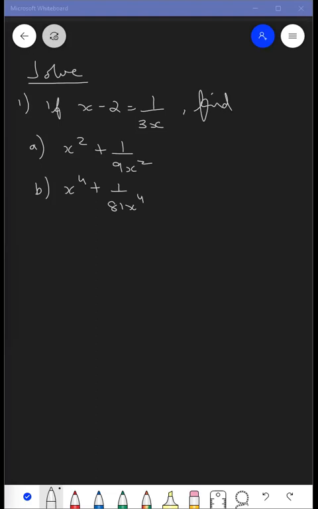The answer is in a fraction, Ishan. You're way off. Something has gone wrong somewhere. Check. Rest of you, hurry up. Ishan, it's x plus 1 upon 9x, x squared plus 1 upon 9x squared.